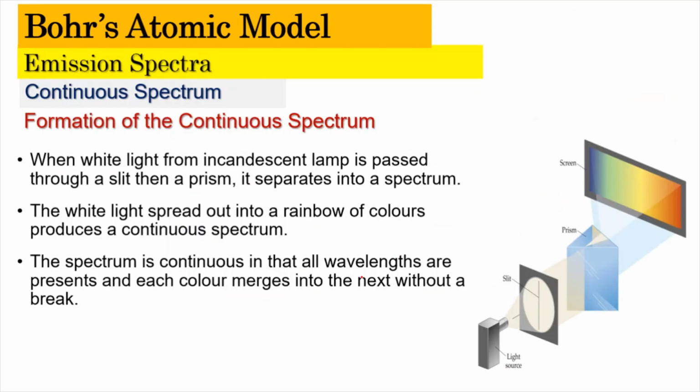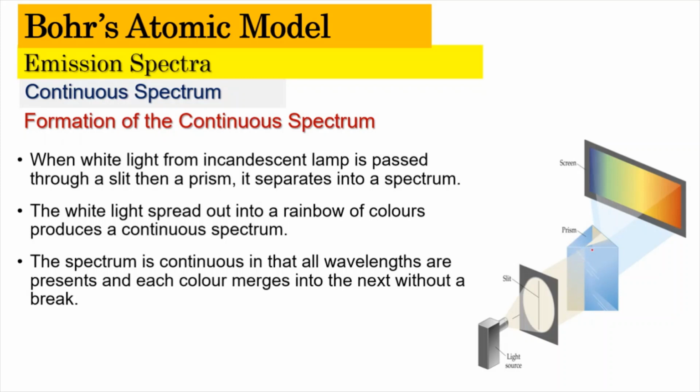In an experiment, you can look into the formation of the continuous spectrum when you turn on the white light of an incandescent lamp, which is like a normal bulb that you use in your household. Then you pass the light through a slit, like a small gap. This small slit will produce a very fine line of light, which passes through a prism.